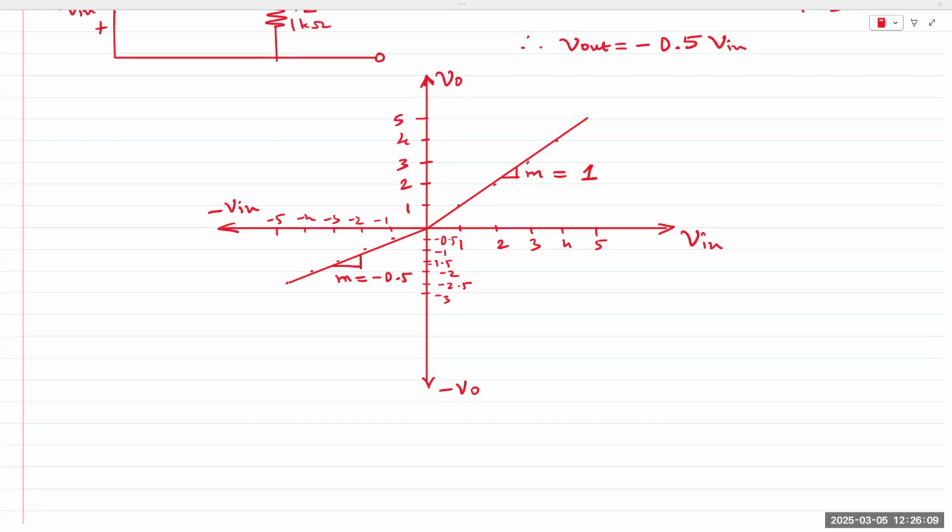If I understand your question correctly, you're asking about this mathematical expression where V out is minus 0.5 V in.